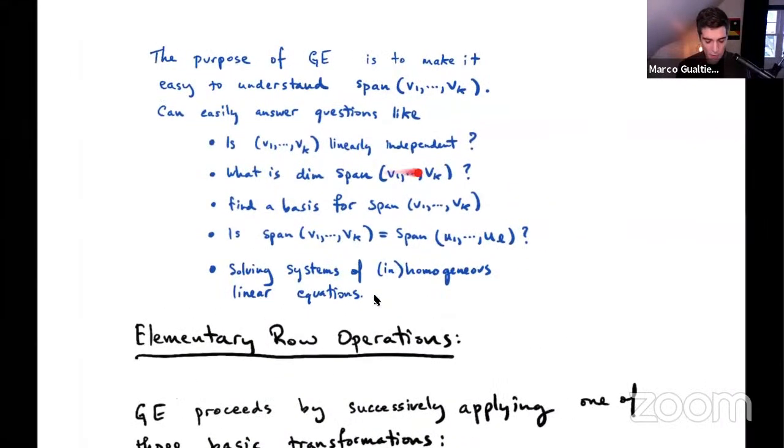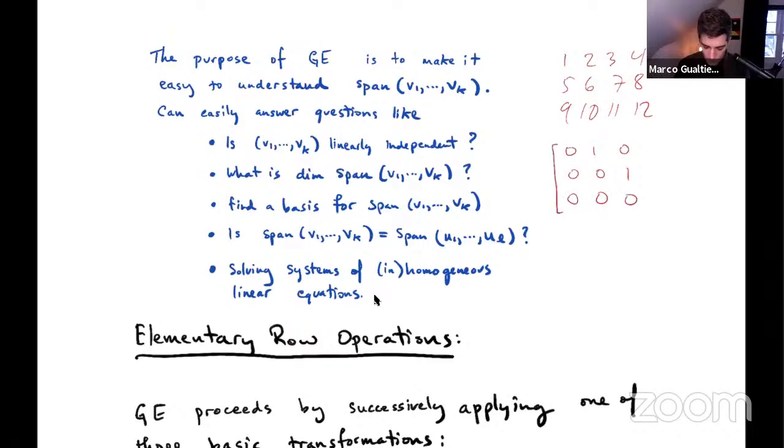If I want to know the dimension of the span, it will become very obvious what the dimension of the span is. For example, if I give you a matrix like this, let's say 1, 2, 3, 4, 5, 6, 7, 8, 9, 10, 11, 12, it may not be obvious what the dimension of the span is. But if I give you a matrix that looks like this, then look at the rows. I have 0, 1, 0, 0, I have 0, 0, 1, 0, and I have 0, 0, 0, 0.